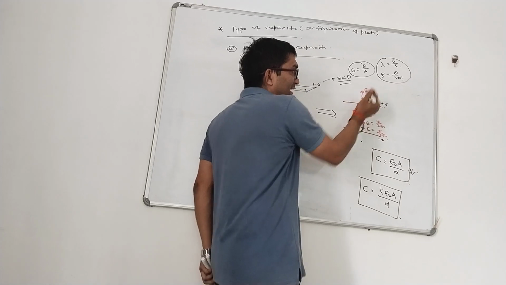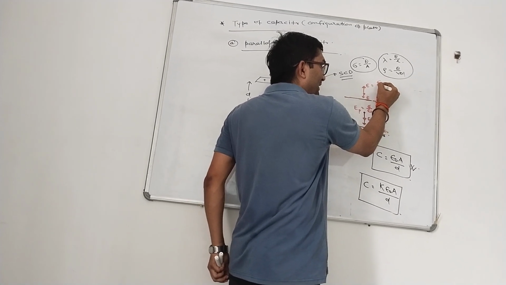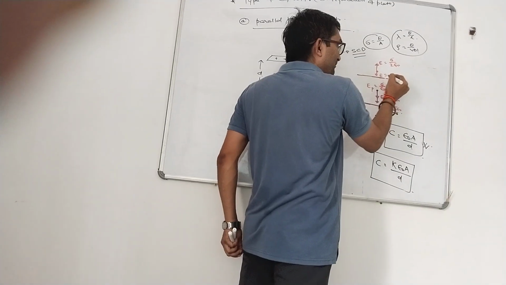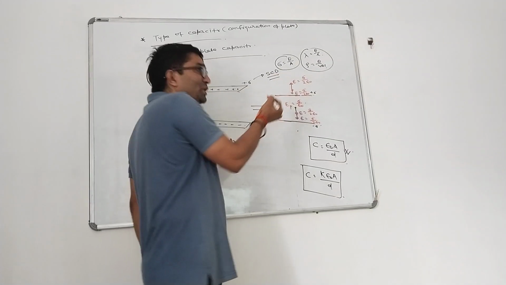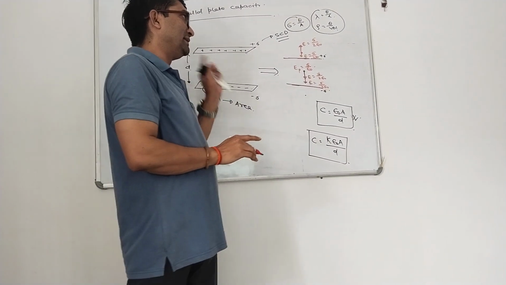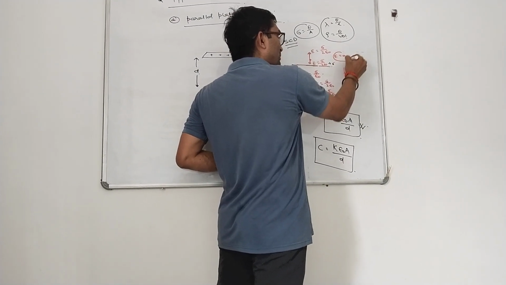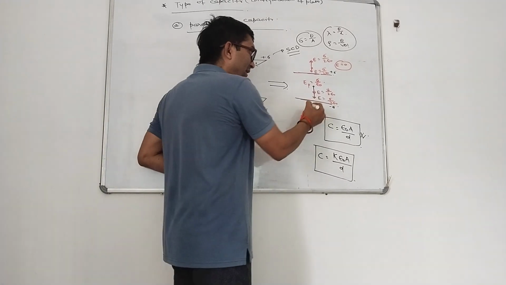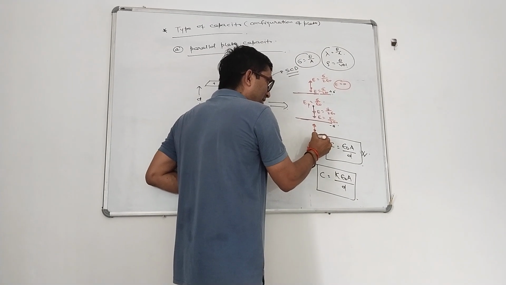If the charge is the same, the electric field will be the same. So the electric field due to this plate is sigma upon 2 epsilon naught, and due to the other plate also sigma upon 2 epsilon naught, and the directions are opposite. That's why the net magnitude becomes 0. So the outside electric field is 0. Similarly, we can check the electric field downward.